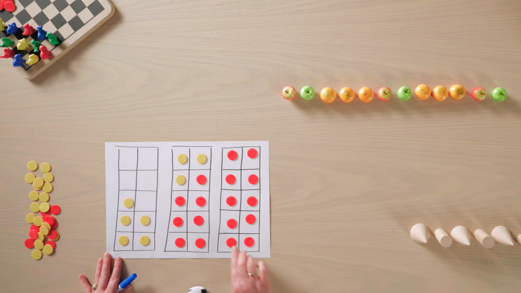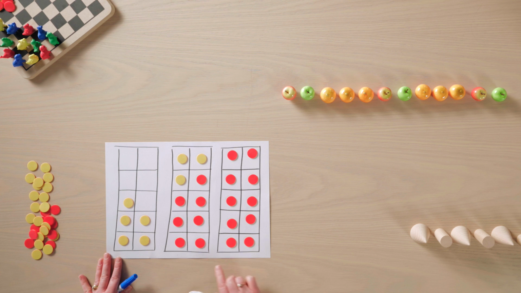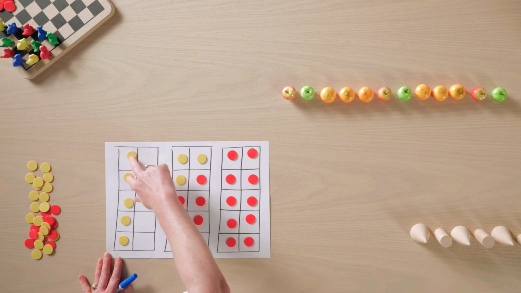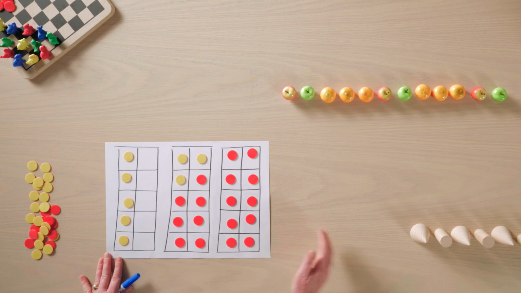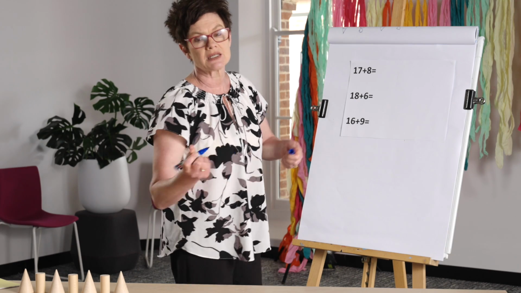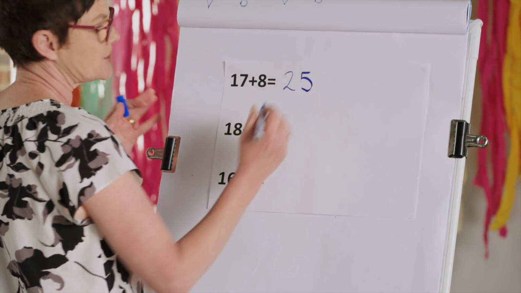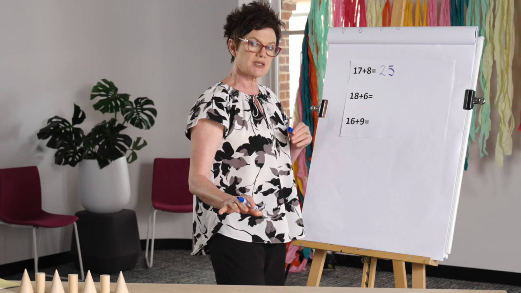So now you can see I have 10 and 20. So 20 add, and I can subdivide here to see 5. If I could even pop that down there to make it a little bit easier. So my answer will be 25. 17 add 8 is 25. Nice strategy and a really nice way to look at it.